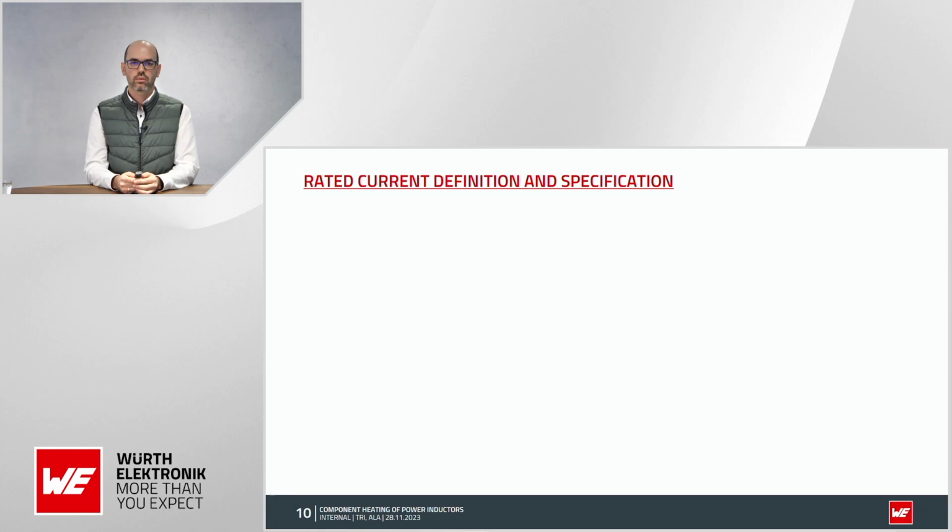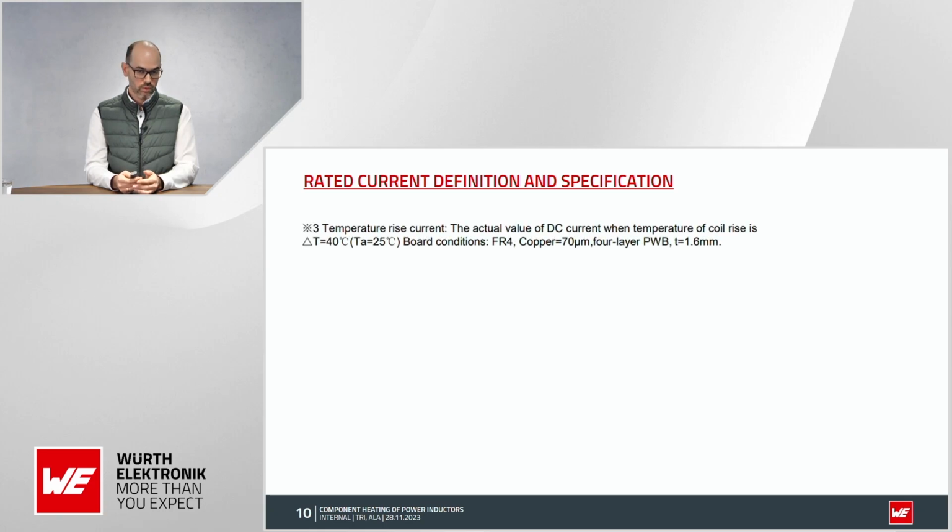So what is the current definition in the market for that? We have some pretty good examples where, as mentioned, the part is put onto a PCB made of a specific material with a specific copper thickness.